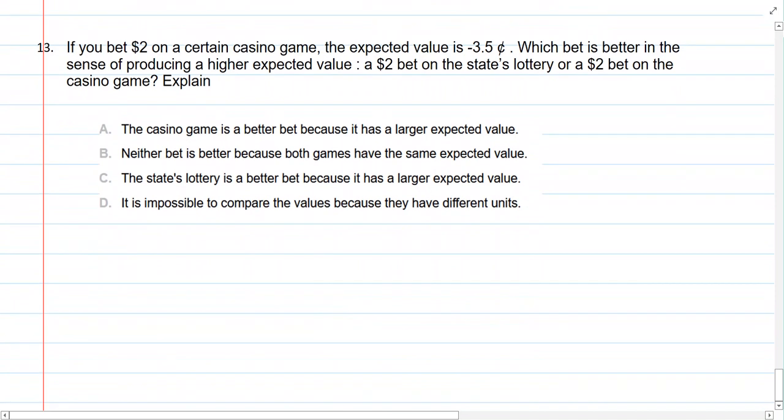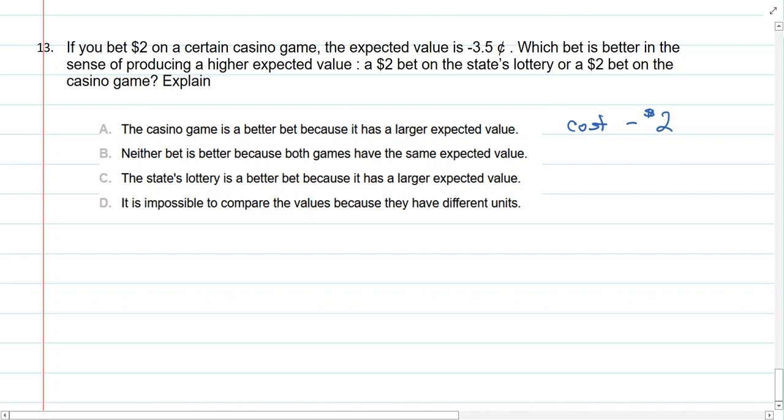Now this one's interesting and a little bit on the rough side of how we perceive what we can consider in the betting genre. If you bet $2 on a certain casino, this is our cost to participate, so we're getting a negative $2 in a certain casino game.